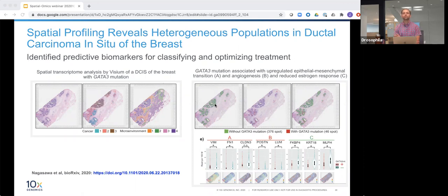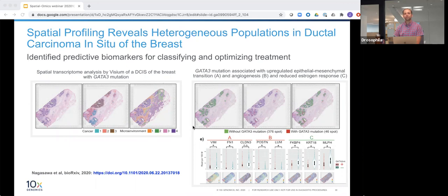So this is a point mutation that they're able to pick up and map spatially using this technology. In this case, you can see this stuff that's staining dark here in the H&E was determined to be cancer. And there were 3 clusters that correlated to this cancer, what they call 1, 2, and 3 here, as well as 4 clusters that went to the microenvironment, that are outside of these regions that were labeled as cancer.